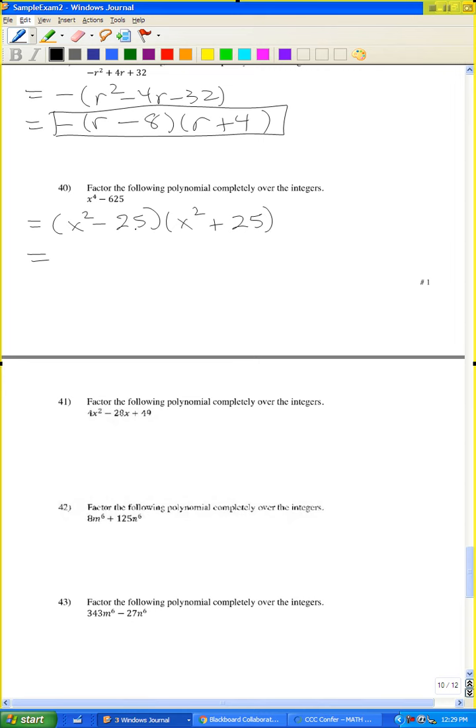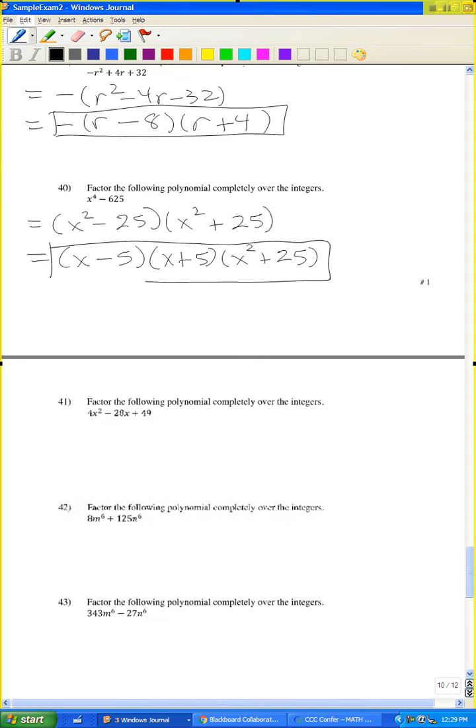Again, this special product formula, difference of squares. And so x minus 5, square root of x squared is x, square root of 25 is 5, times the same thing. This is the sum of squares. Turns out that a sum of squares cannot be factored over the reals. And so you just leave it. And that is your answer.